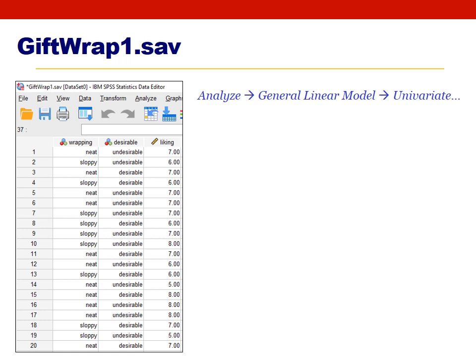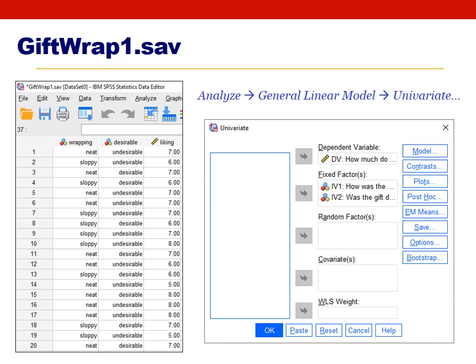To run this test, we're actually going to go into the very same menu that we used to run the Between Groups ANOVA 3 weeks ago. Here is what that menu looks like under Analyze, General Linear Model, Univariate. Just like we did 3 weeks ago, we're going to put our dependent variable in the dependent variable box.